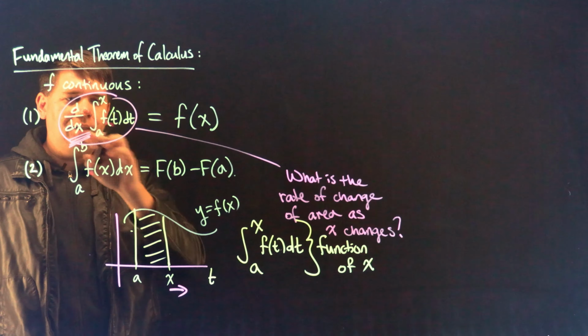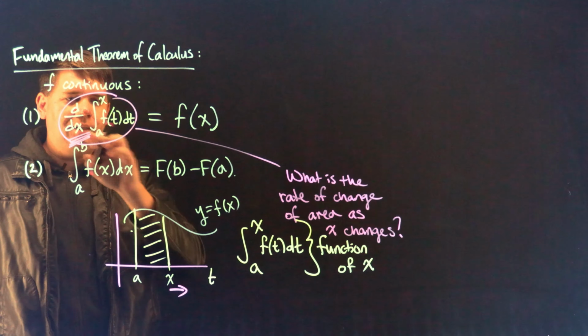And when doing derivatives, you're thinking about infinitesimal changes. So if you slide this over infinitesimally small, how much does the area grow by? And the answer of the fundamental theorem is, question, how much is it changing by? Answer, it's changing by the height of your function. f of x is the height of this function.